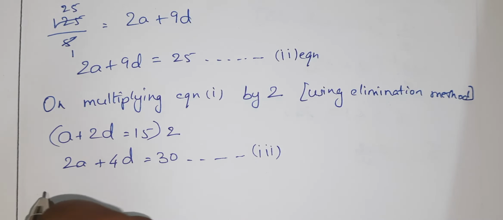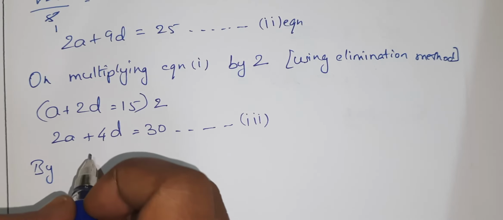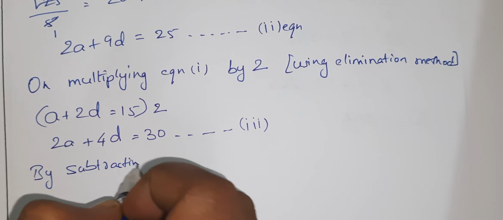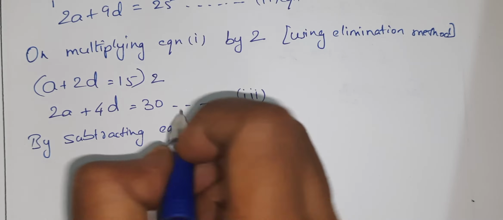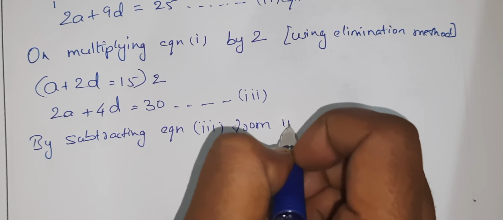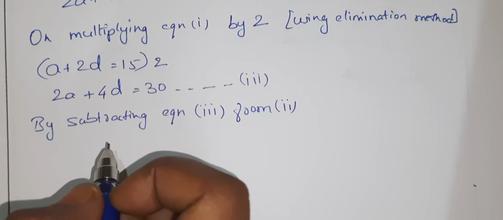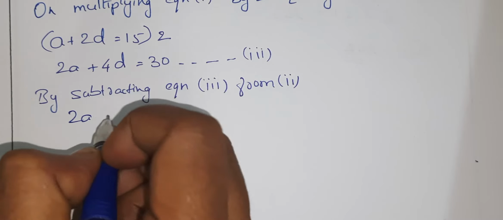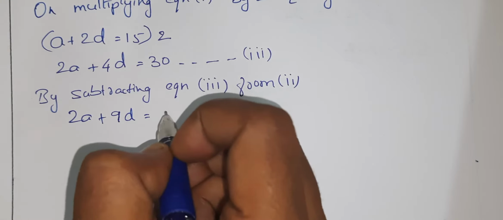By subtracting equation 3 from 2, we are going to find the value of d. 2a plus 9d equals 25.